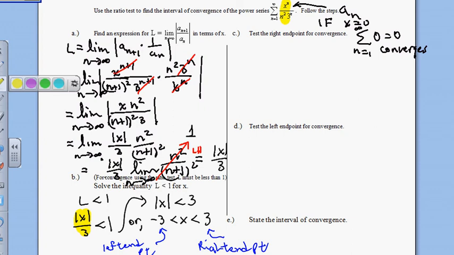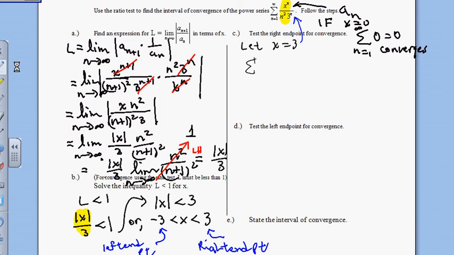So I will start with the right endpoint. For the right endpoint, I'm going to let x equal 3, and I'm going to place 3 in for x into the original series. Doing that gives the following.